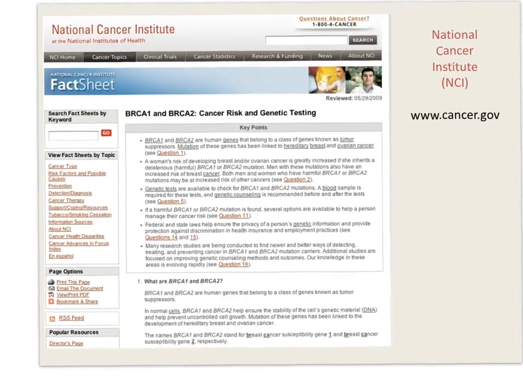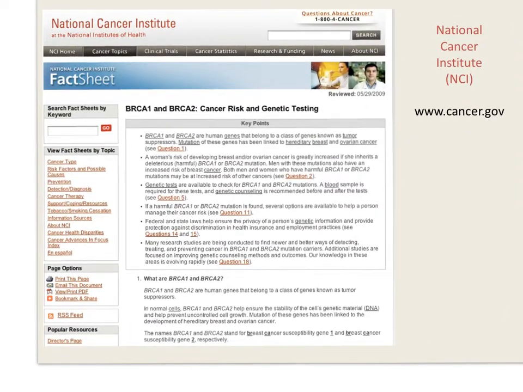Okay, so here's the BRCA. A lot of women who inherit this mutation in the tumor suppressor gene have a much higher incidence of cancer, and a lot of them opt for having their breasts removed and then reconstructed.